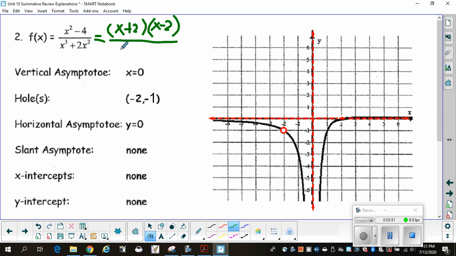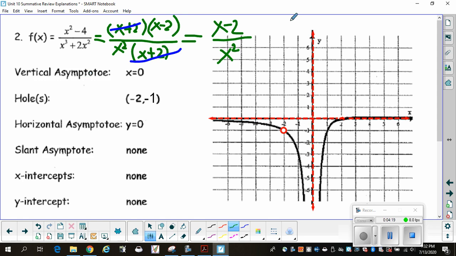And then in the denominator, it's a greatest common factor, so you're going to take the x out and leaves you with x squared plus 2. Now, you can notice that the x plus 2's will cancel. So now you've simplified this expression so that it's x minus 2 over x squared.